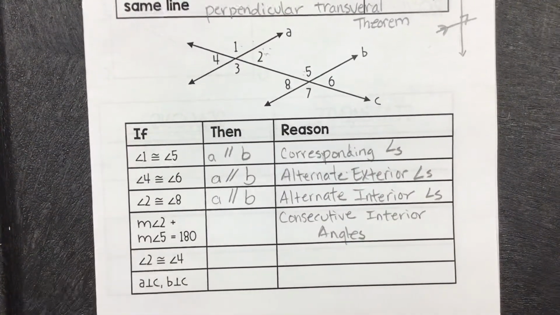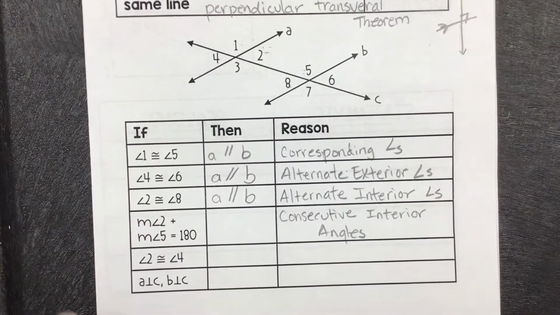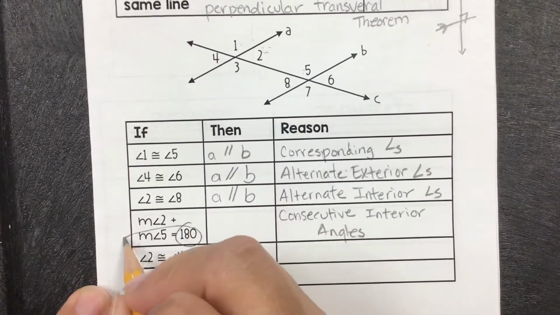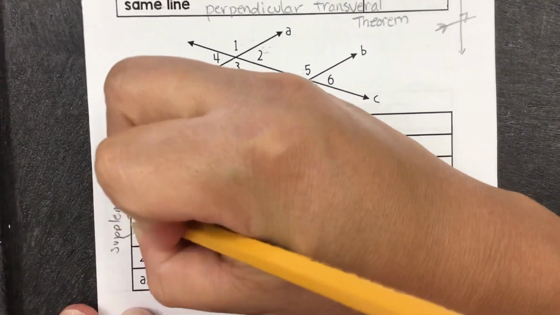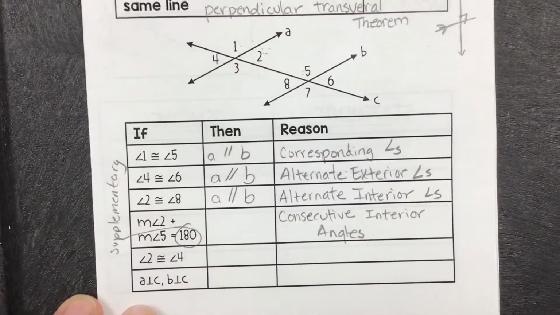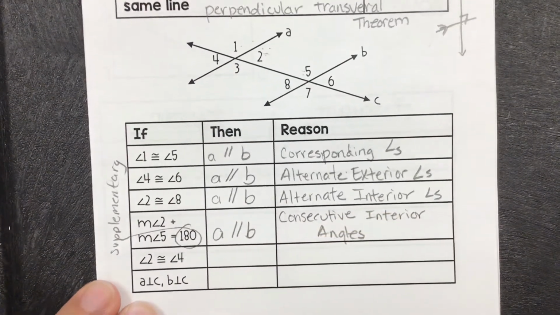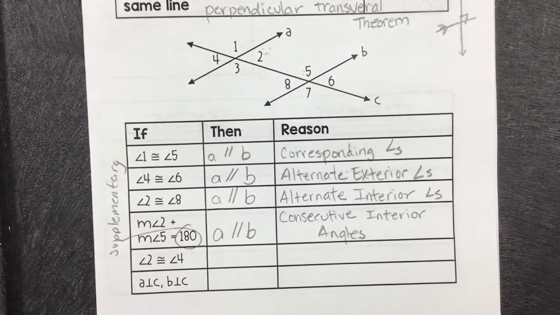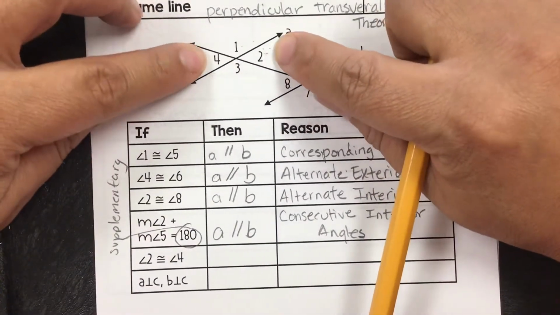And it's a theorem, like I mentioned before, but telling us that they're equal to 180 is telling us it's supplementary. And that's enough to say that line a is parallel to line b. Angle 2 and angle 4, what kind of angles are those?